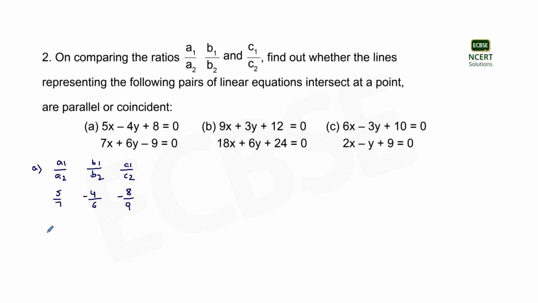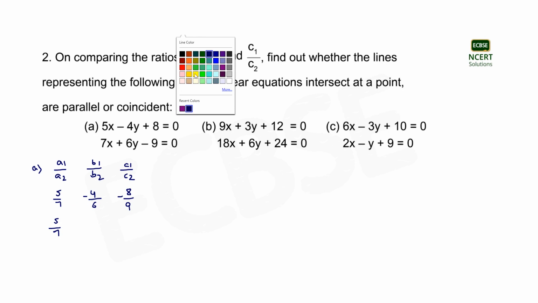Just keep in mind that these ratios should be in their simplified form. What does simplified form mean? It means the HCF of the number in the numerator and the number in the denominator should be equal to 1. 5 by 7 is in its simplified form, but minus 4 by 6 is not, as the HCF comes out to be 2.